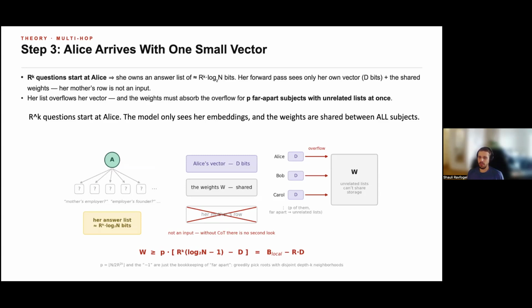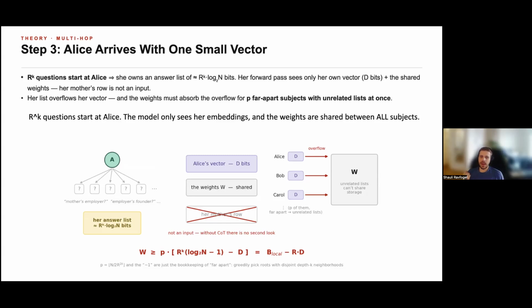Right, and when we ask the question about Alice, the model in the forward pass is only going to see the embedding of Alice. It's not going to see the embeddings of the intermediate answers, like the answer to the first relation in the composition, or the composition of the first two relations, etc. Just because we don't have any chain of thought, the model has to compute the answer directly.